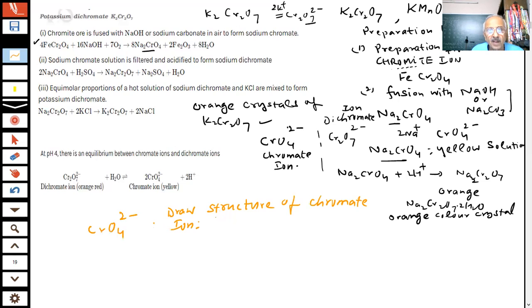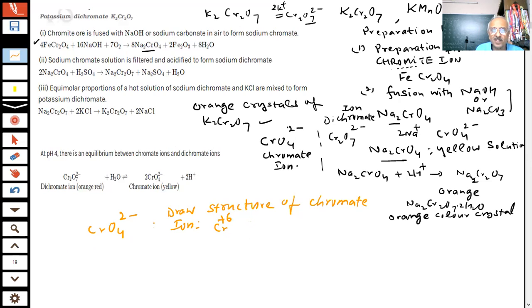Here you have chromium. This is my chromium. Now, how many bond pairs are being formed, students? What is the oxidation state of chromium here? Chromium here would be x plus 4 times minus 2 equals minus 2, so x is plus 6.